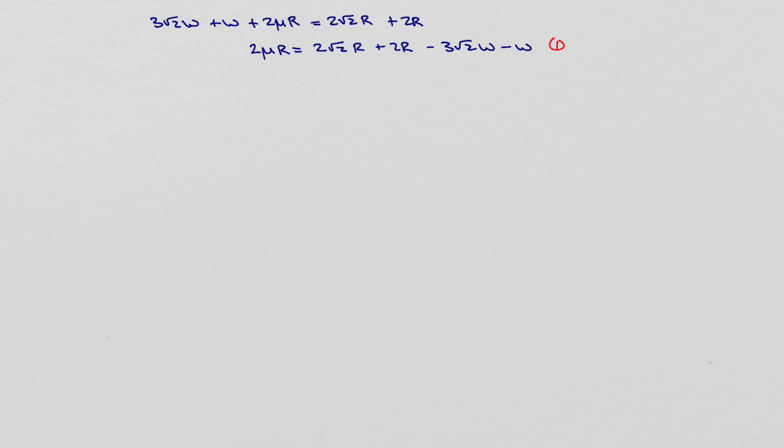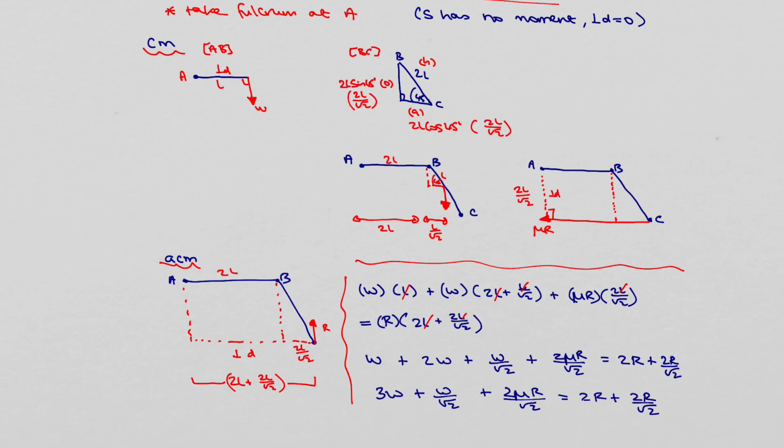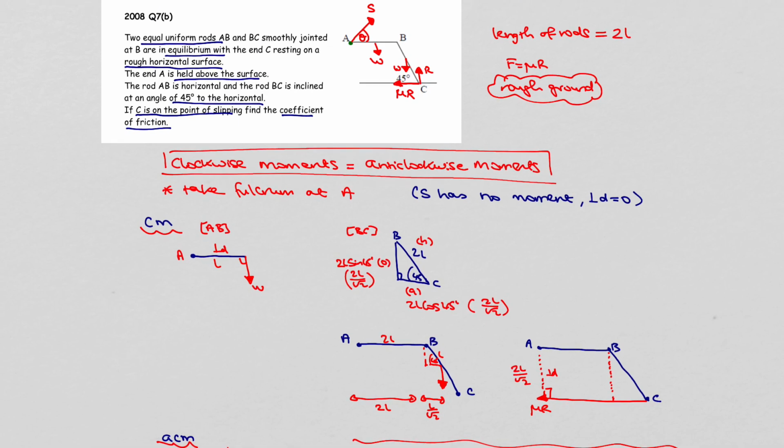Okay, so I'm now going to look at the system. And I had AB and BC. So now I'm going to take the part of the system that's going to slip, which is the rod BC. And I'm going to take my fulcrum at B, because that will eliminate the contact forces between the rod AB and BC.